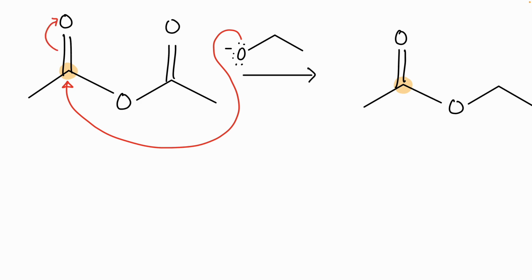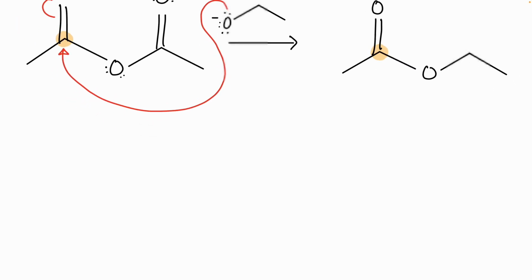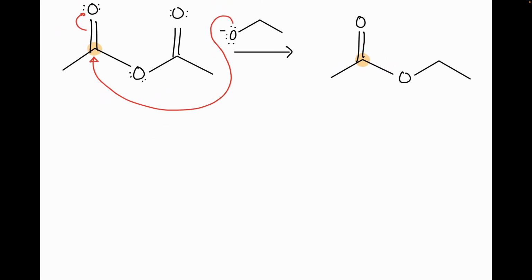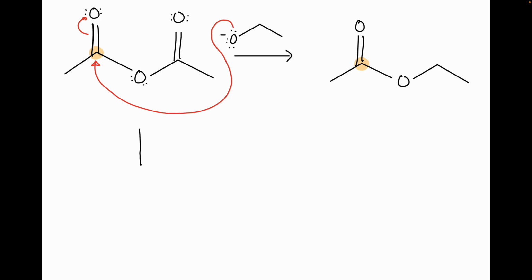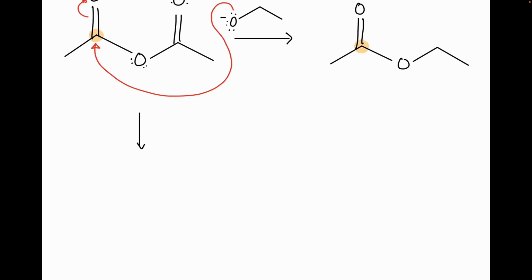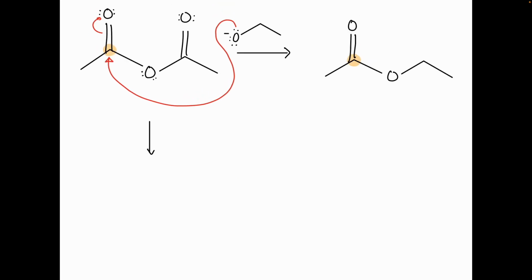I'll be good and include my lone pairs here, getting sloppy at the end of the semester. Cool. So then this is going to create our intermediate here. Still got that methyl group on that one side.